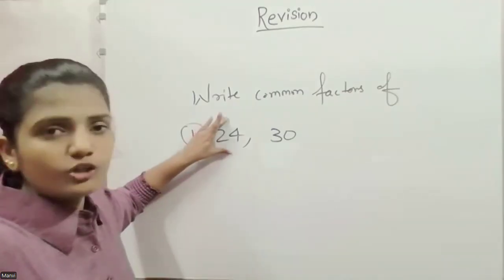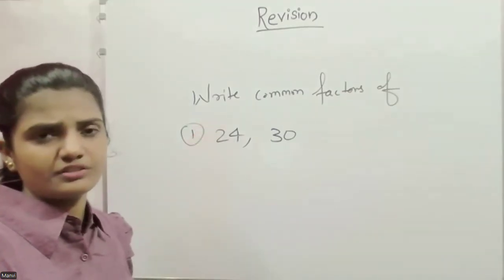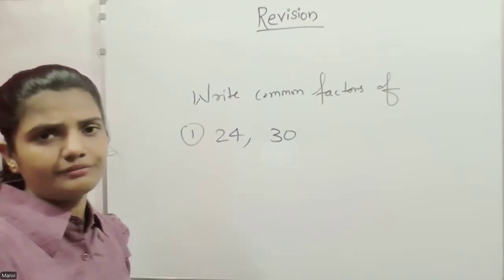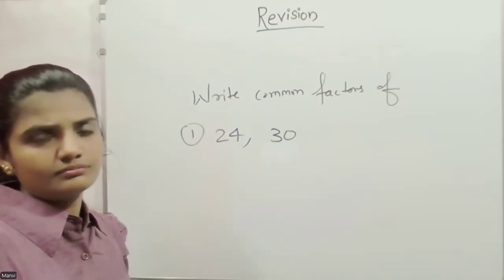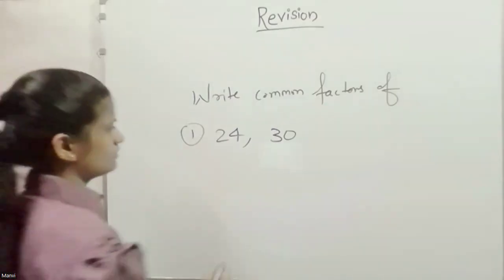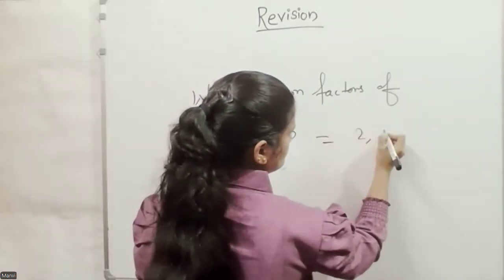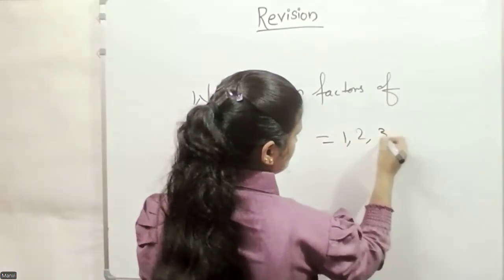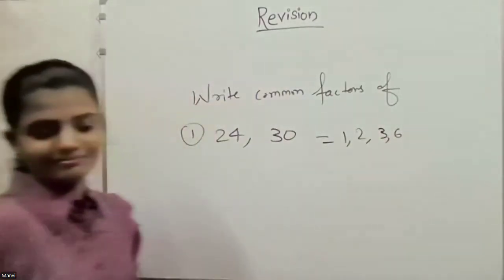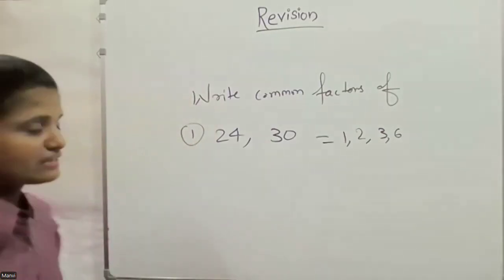First, write down the factors of this. All common factors. There is not just one common factor in these two, Kavya. Your answer is 1, 2, 3, 6. Okay. Next question.